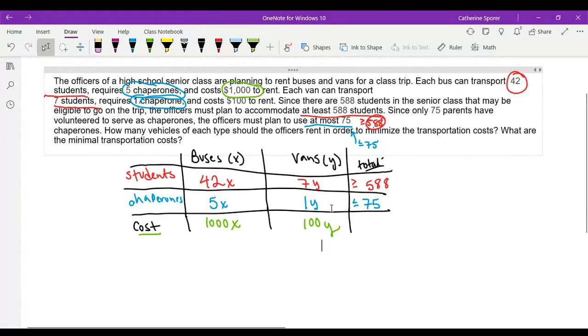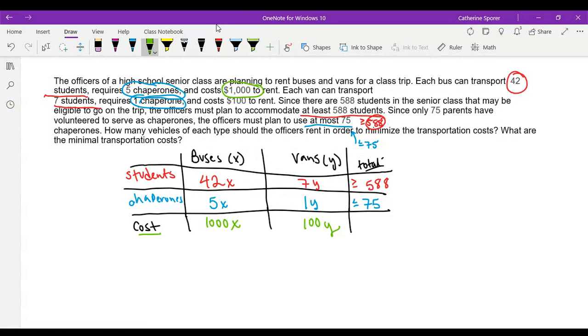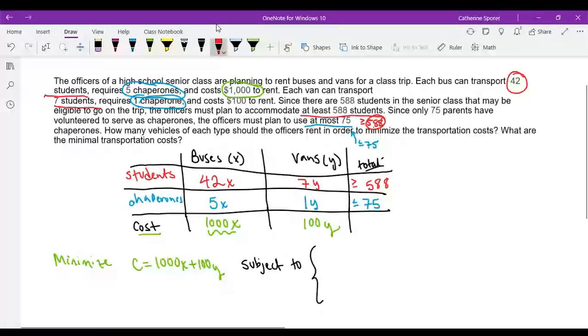Okay, so we could turn this into a linear programming problem where we're trying to minimize cost. So we're going to try to minimize the cost function, which is $1,000 per bus plus $100 per van. And we're going to minimize it subject to the two inequalities that we've set up in this table.